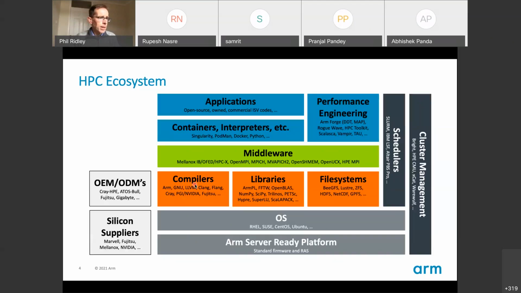The well-known OSs all have ARM-based variants, SUSE, Red Hat, Ubuntu, containers. We work with Docker, those guys, Singularity-based containers.